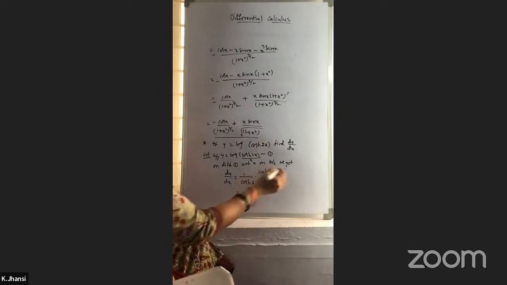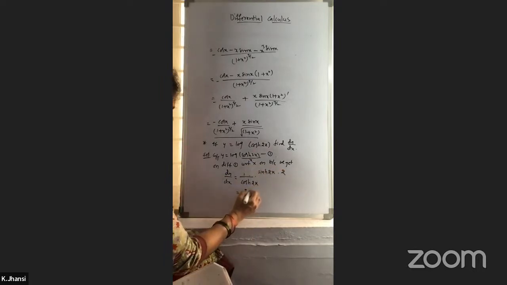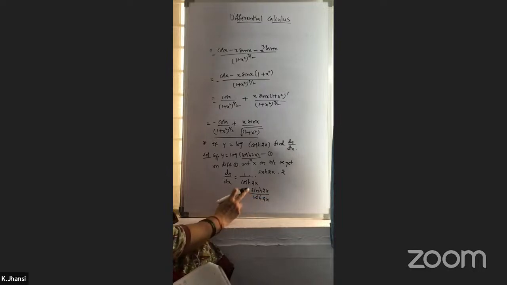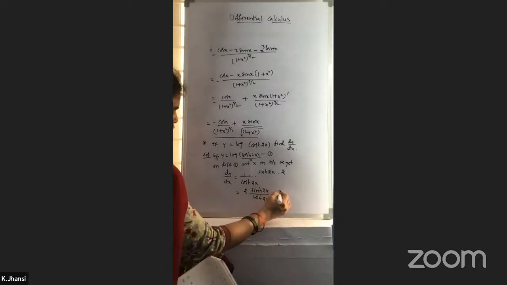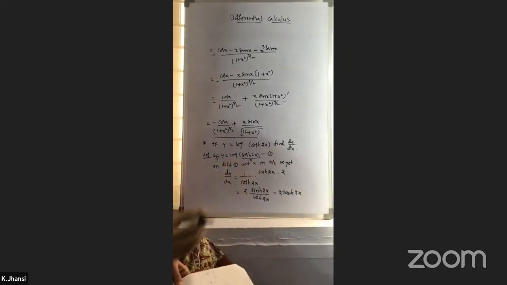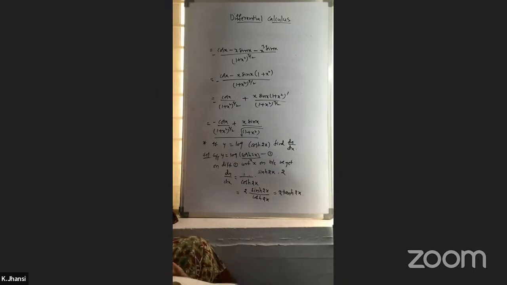So now if you do this, it is 2 sinh 2x by cosh 2x. Sinh by cosh means we'll get tanh. So it is equal to 2 tanh 2x. So the answer is this one.